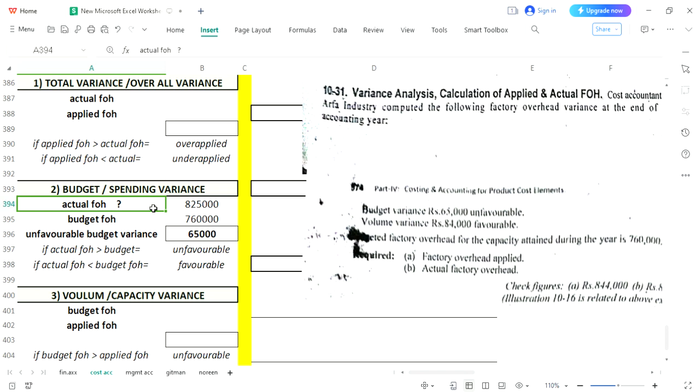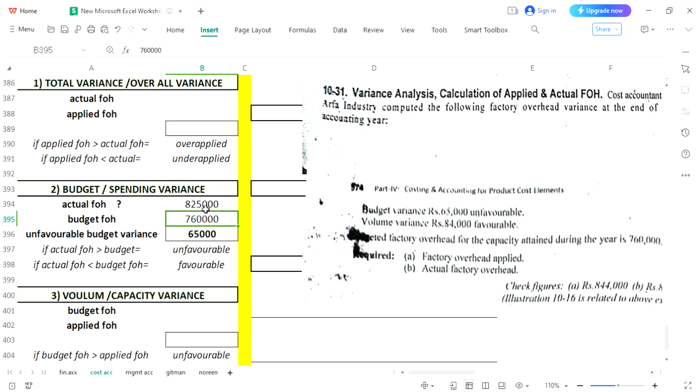You have calculated through common sense just by applying this rule. The rule was that budget variance is considered unfavorable when your actual FH is more than your budget. This budget FH was given in the question. So you have added 65,000 with 7,60,000 so that you can have 8,25,000.